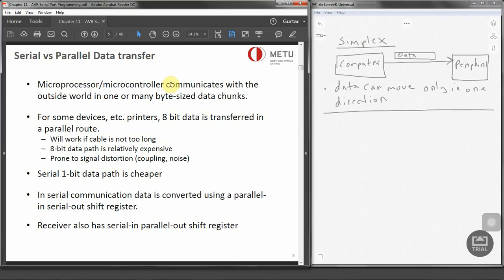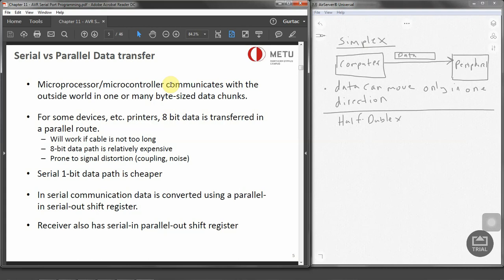Then we have got another method which is known as half duplex. And engineers, please be careful. Please try to learn this because they normally ask this in interview questions.